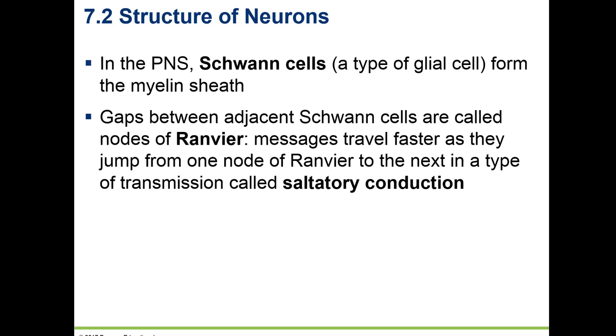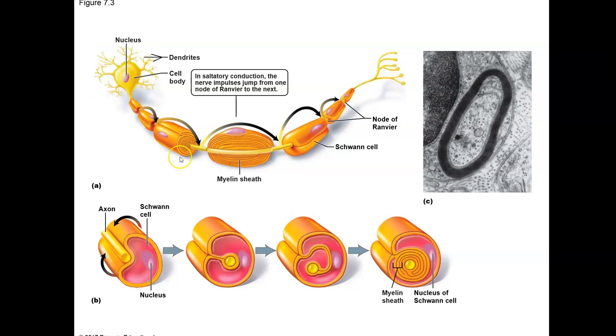So in the peripheral nervous system, Schwann cells form the myelin sheath. You see here, this is the myelin sheath, and these are the Schwann cells which are forming the myelin sheath around the axon of the neuron.